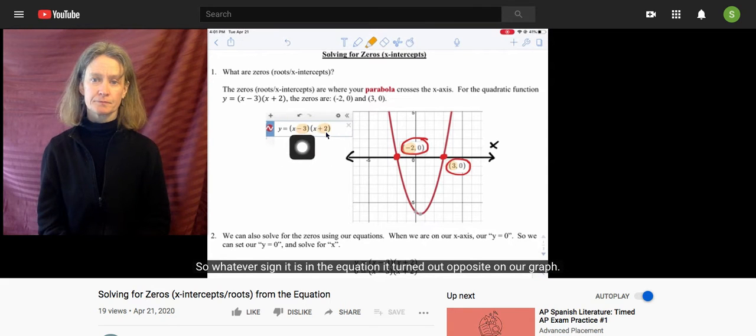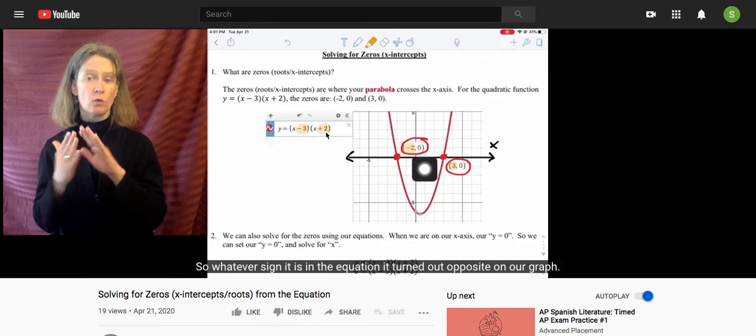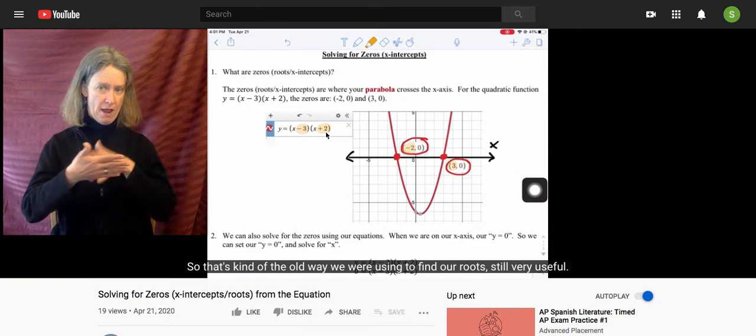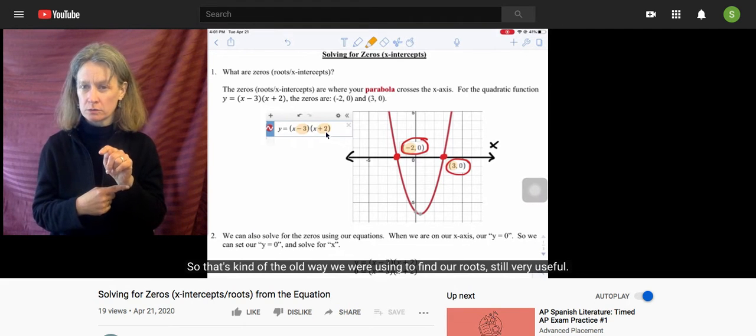So whatever sign it is in the equation, it turned out opposite on our graph. So that's kind of the old way we were using to find our roots. Still very useful.